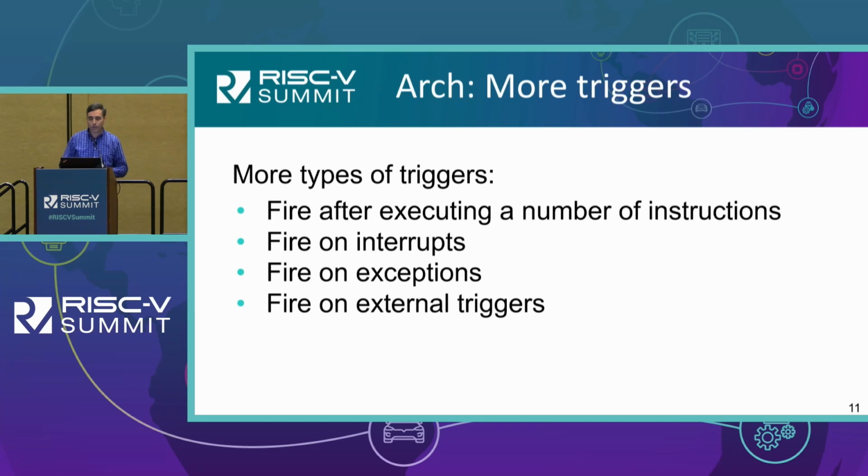And again, you can select which subset of exceptions cause this trigger to fire. So just page faults or just illegal instructions or whatever, or both. And there are also external triggers that can fire when some other event occurs, such as a performance counter overflow and various things. That is a little bit microarchitecture specific.